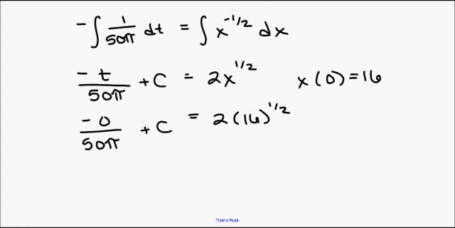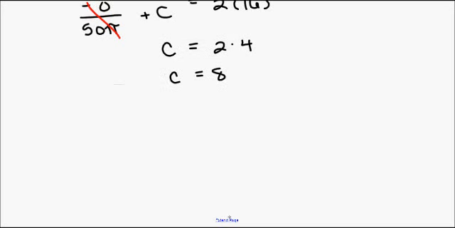Okay, and since we have a 0 divided by a constant, that just goes away. So I have a c left on the left, and 16 to the 1/2, square root of 16, is 4. So 2 times 4 is 8. C is 8. But we're not done yet because the problem didn't say what is C. It did not even mention C to us.